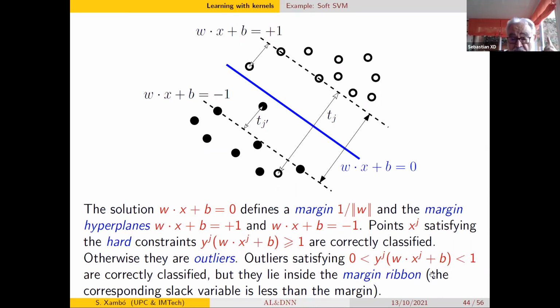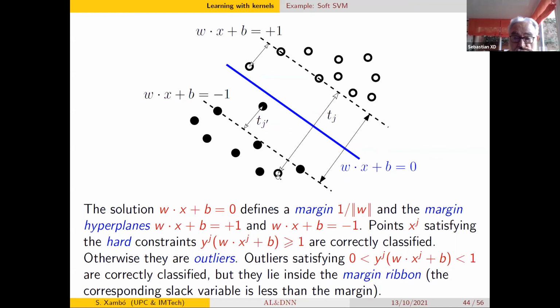There are those that are in the ribbon: they would be perfectly classified because this is positive, but they are not beyond the margin, so it's an outlier. And of course, the other outliers are the ones that are misclassified, like this one.